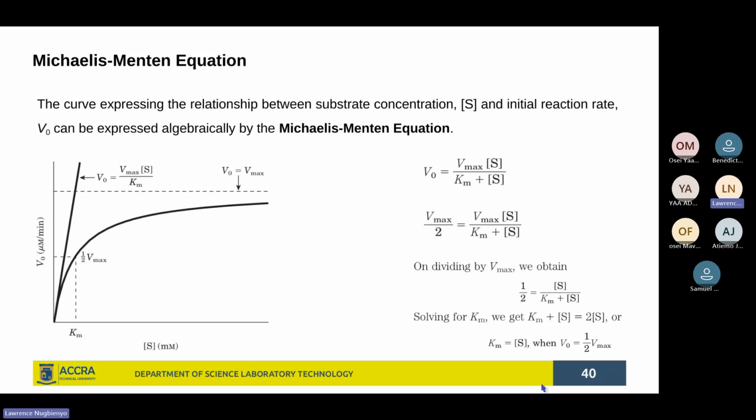You see that being written here in this algebraic expression, Km, that is the Michaelis-Menten constant. When the concentration of the substrate is equal to the Michaelis-Menten constant, at that point, the rate of reaction is half of the maximum rate of the reaction.